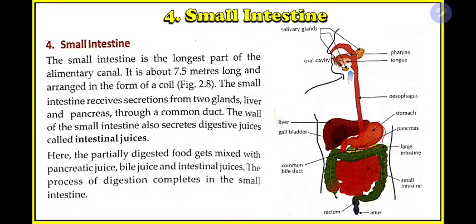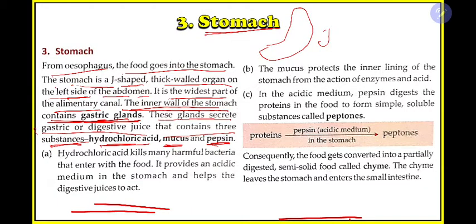The first is hydrochloric acid. What does this acid do? Hydrochloric acid kills many harmful bacteria that enter with the food. Whenever we eat any food, everything in the environment lives in association with microorganisms, bacteria, fungus, everything.